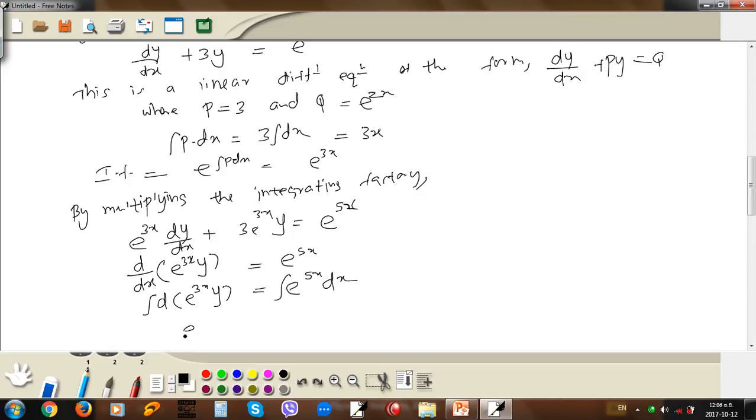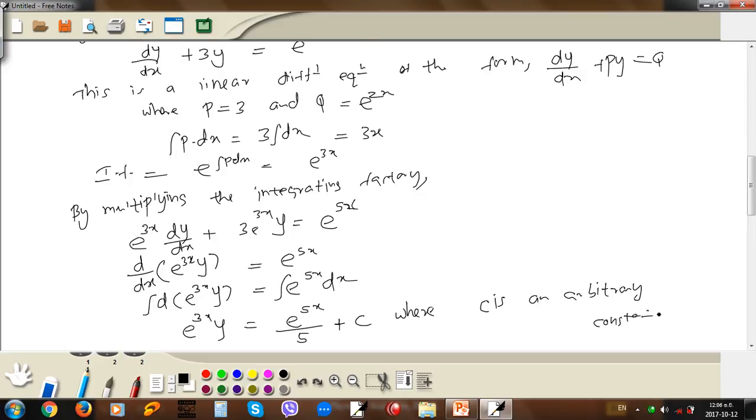So e^(3x) y equals e^(5x)/5 + c, where c is an arbitrary constant.